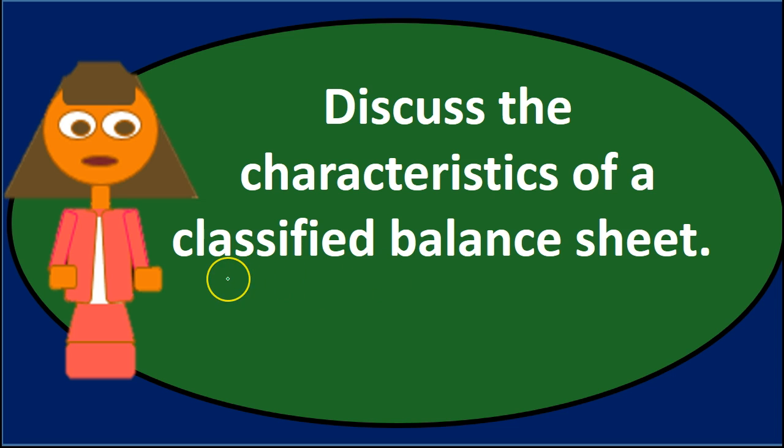Now, when we get to the classified balance sheet, that sounds kind of sophisticated, but it's what you probably already know, because most of the time we deal with a classified balance sheet, meaning we don't just have an unclassified balance sheet, which would be all assets listed under assets in one group, then liabilities in one group of all liabilities, and so on, and equity having one group.